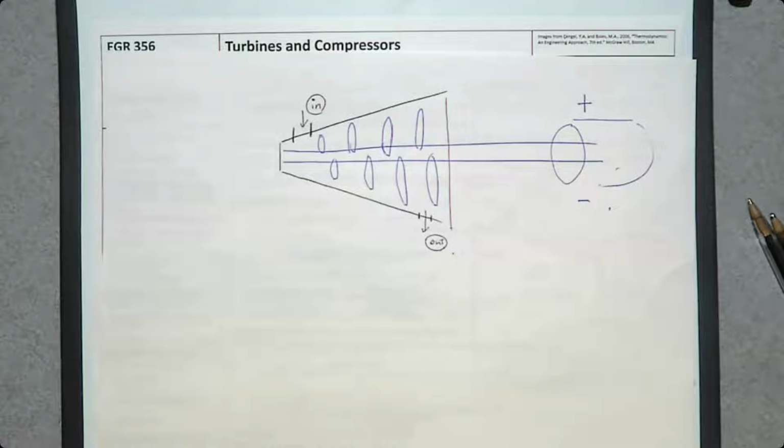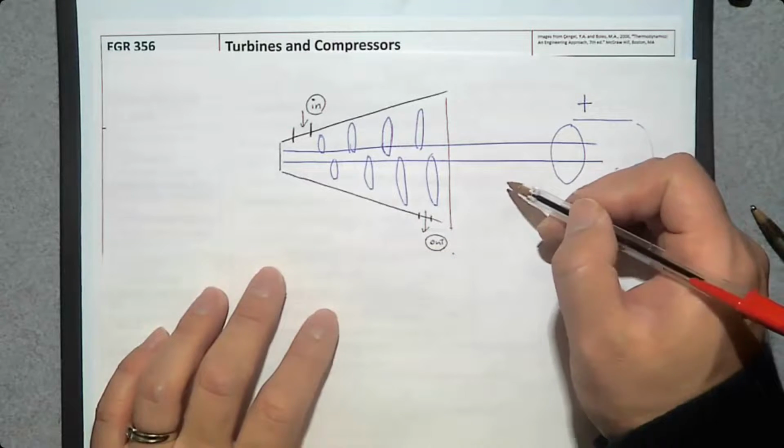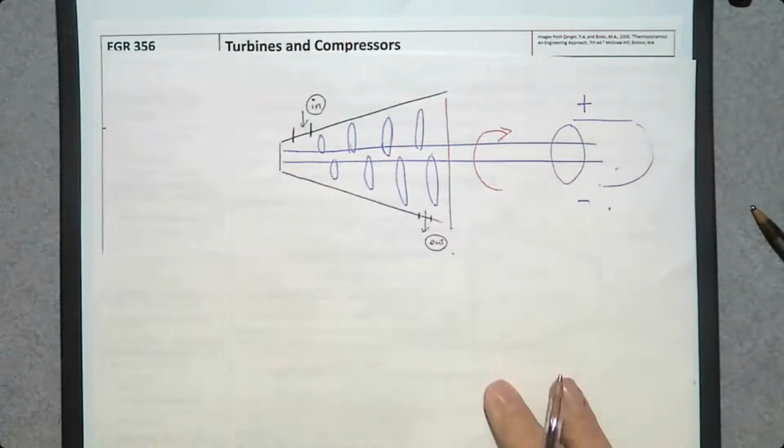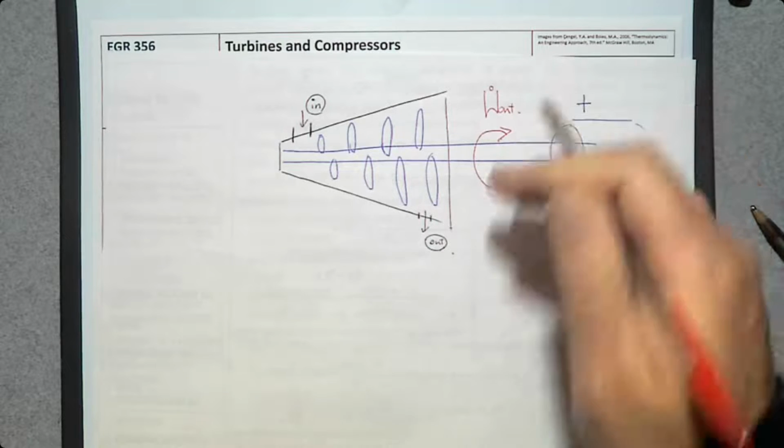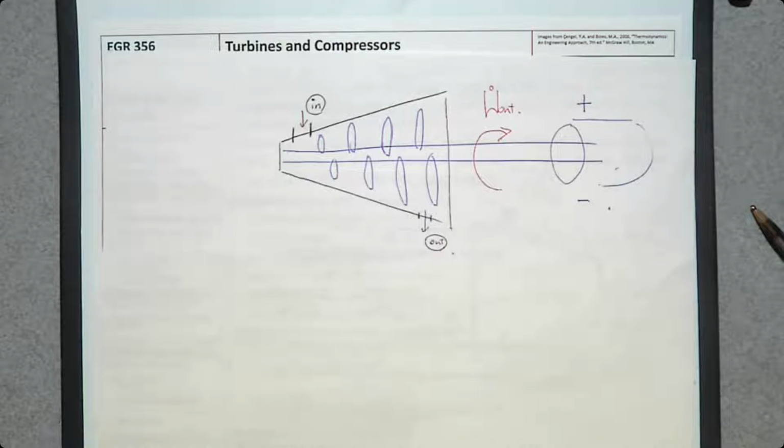Then what's going to happen? So turbine converts thermal energy into mechanical energy. We all know what is mechanical energy. The mechanical energy is going to be this shaft work, W dot out. So how can we produce this shaft power? By providing thermal energy. Then what determines thermal energy?